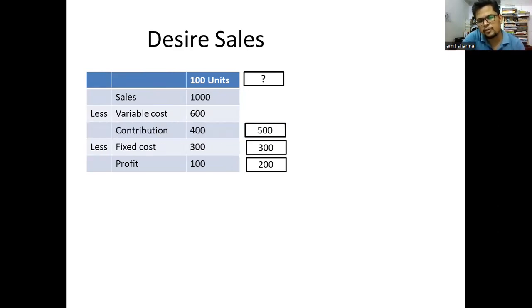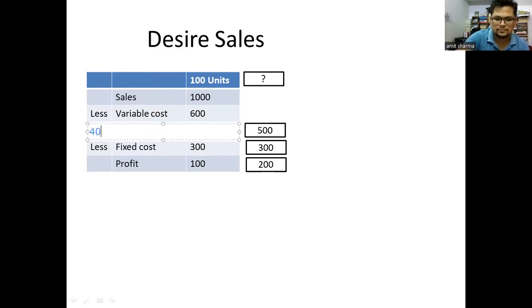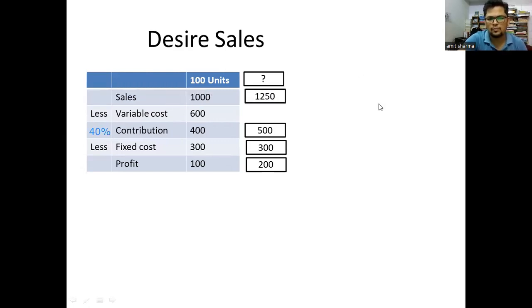So we need 500 rupees as contribution, and contribution was 40%. So if 500 rupees equals 40%, then 100% will be 1250.